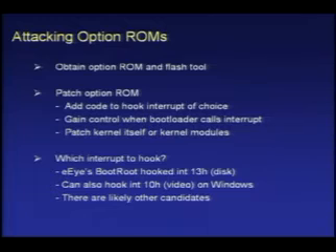Alternatively, we can go to the vendor's website. So for example, if we're talking about a graphics card and you've updated the BIOS on your graphics card, you know how easy it is to download a tool to do it and the BIOS from the website. We patch the option ROM. Again, we're interested in subverting the bootloader, so we simply hook an interrupt.